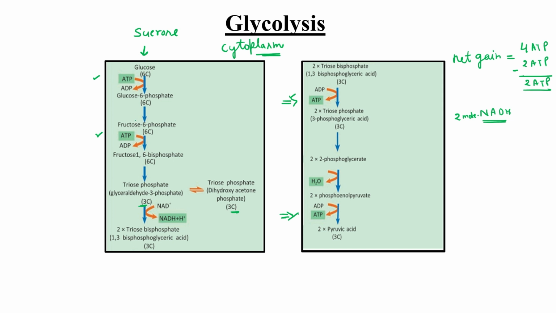During the whole process of glycolysis, in the initial steps 2 molecules of ATP are utilized, but in the last step 4 molecules of ATP are generated. So the net gain of ATP during glycolysis is 2 molecules of ATP. And apart from this ATP, 2 molecules of NADH are also generated during this process.